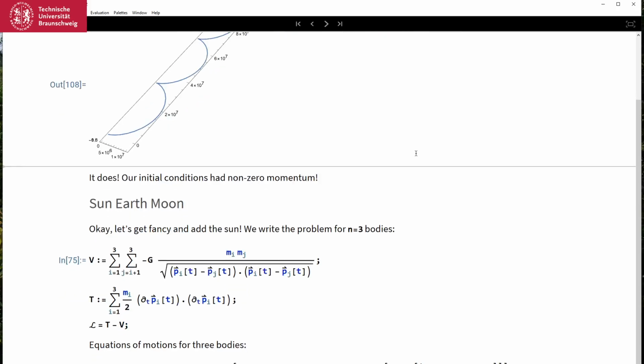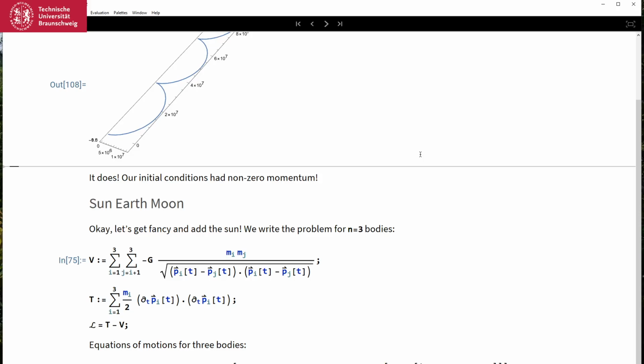Okay, last thing for today is seeing this increase, and we do this now with Sun, Earth, Moon. We leave the other planets out, but we also could, then it's basically the same thing.